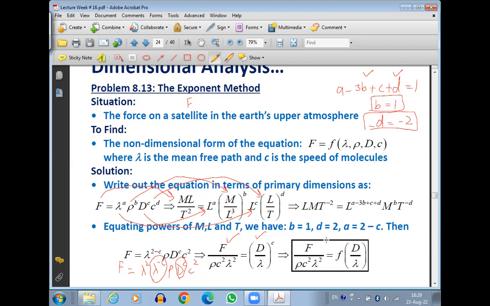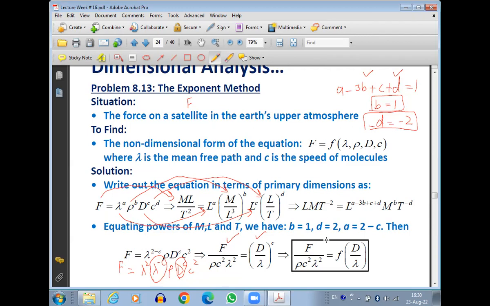Okay, so this is basically the exponent method. In the exponent method, we write one variable as a function of the other variables and put exponents A, B, C, D, whatever the number of variables, on all those variables. Then write down the basic dimensions of each variable, and then equate the exponents on each side, left hand side equal to the right hand side.